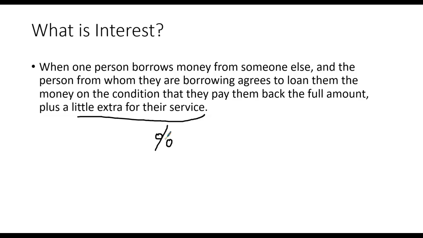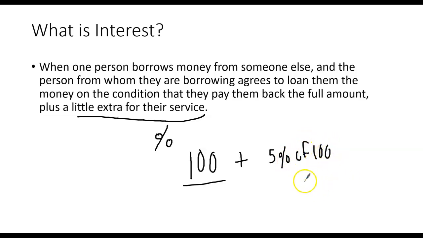So, if you borrowed $100 from them, when you pay them back, you'll give them the $100 plus an additional 5% of 100. And so you guys know now how to find a percentage. 5% is 0.05 times 100 would be $5.